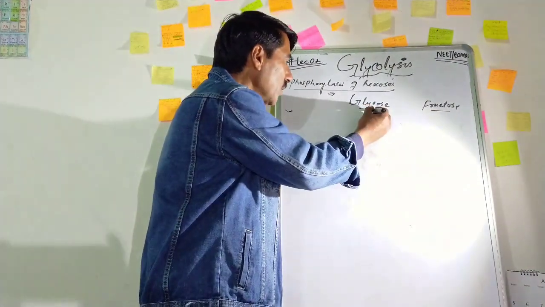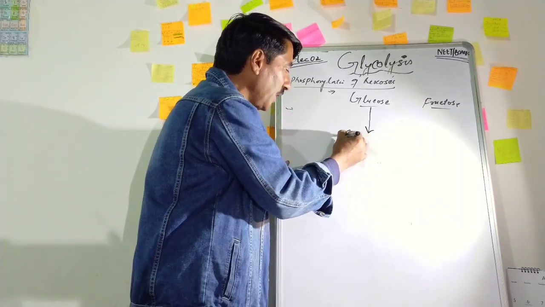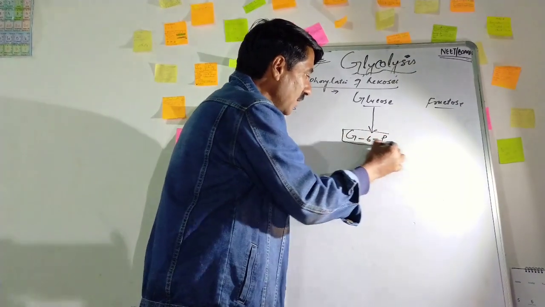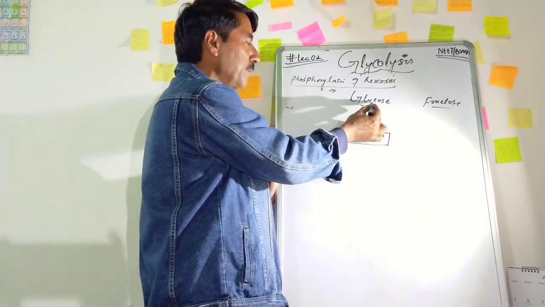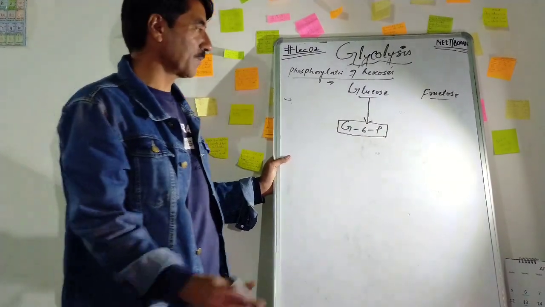Now if it is glucose, this glucose gets changed into glucose 6-phosphate. Here the phosphate group gets attached to the carbon number 6 of this glucose, and it becomes glucose 6-phosphate.